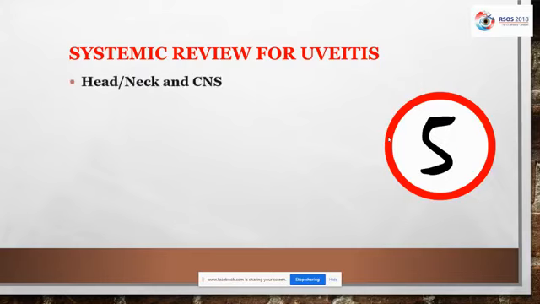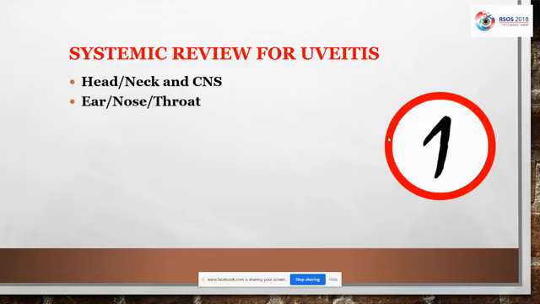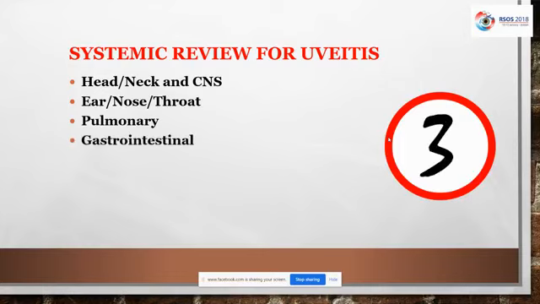So we need to ask about the positive history or positive data from the head, neck, and CNS symptoms. We need to ask about the symptoms involving the ear, nose, throat, the pulmonary system and chest, the gastrointestinal tract, and the genitourinary tract.